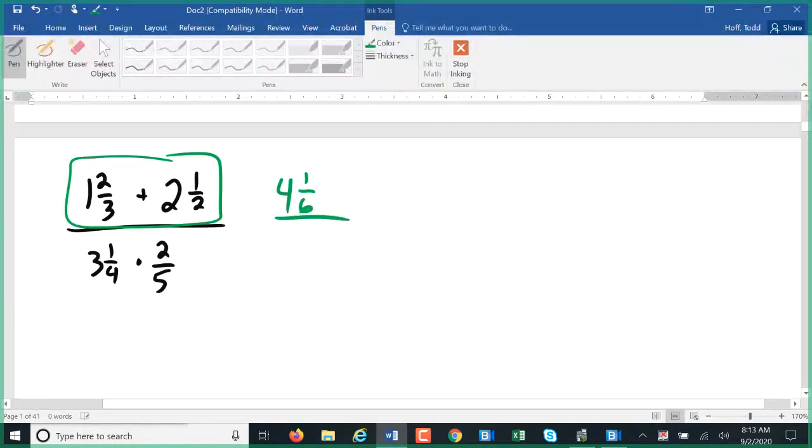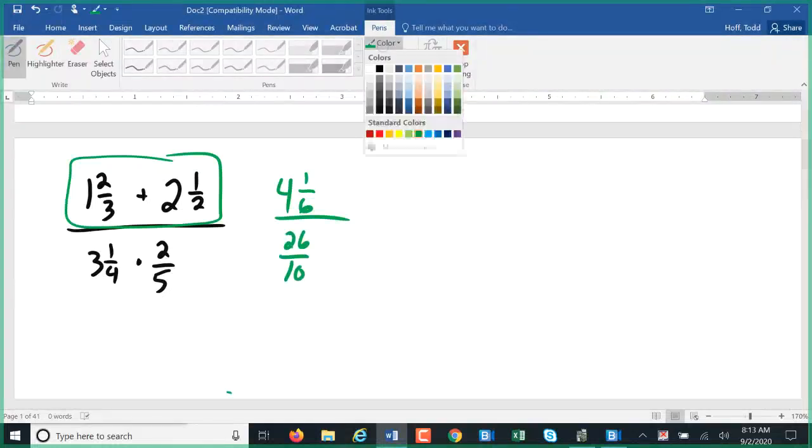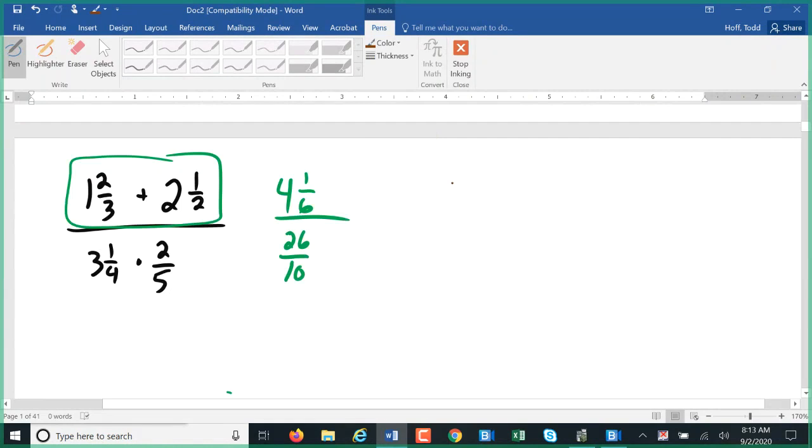On bottom, we do the same thing. We multiply the 3 1/4 times 2/5. Oh, what is that? 26/10, I believe. And then you'd have to divide. The 4 1/6 you'll make into an improper fraction. That's 25/6 divided by 26/10.